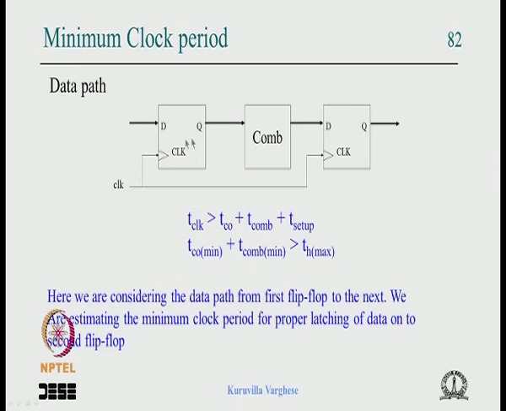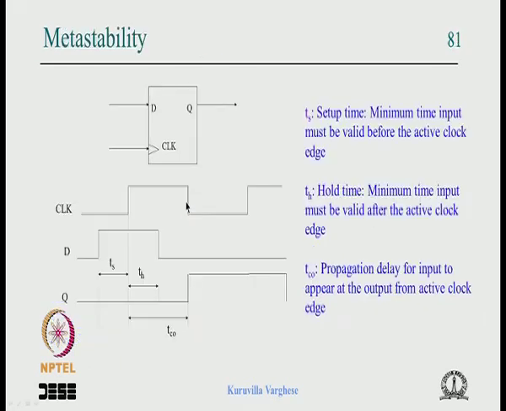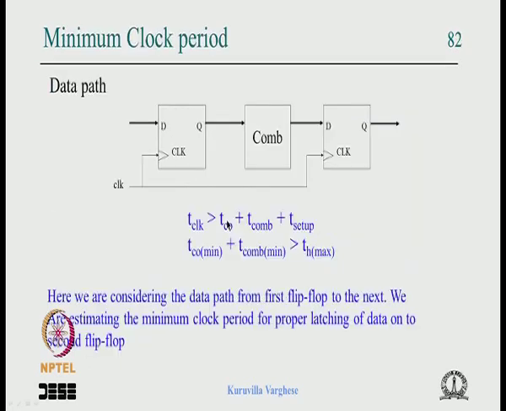The data is going to change here after TCO and TCOM, so TCO min plus TCOM min should be greater than the hold time, otherwise the hold time is violated with respect to the same clock edge. So from setup and hold time we come out with this: the setup time decides the clock period, and the hold time decides the hold time violation condition in the data path.